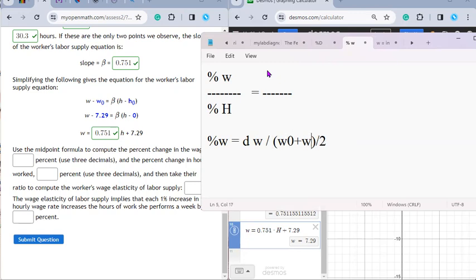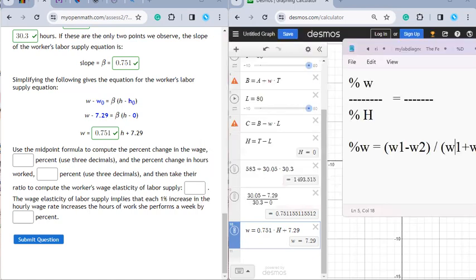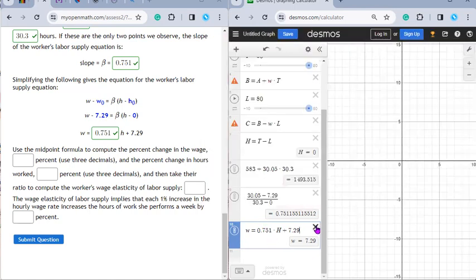We have the initial wage, we'll call it the first wage. The first wage plus the second wage divided by 2, that's the average. That's the midpoint. And this right here is just the change, so we have W1 minus W2. So that's the percent change in wage using the midpoint formula. So let's go down here.